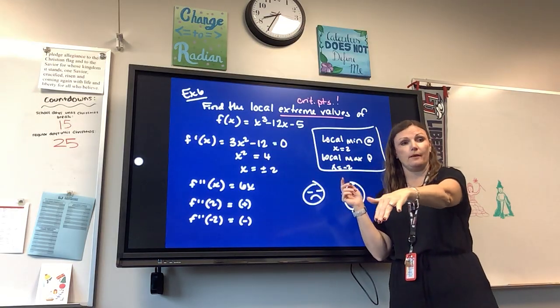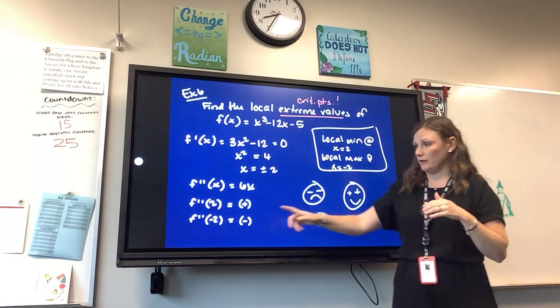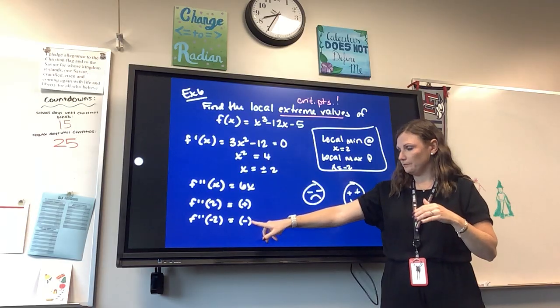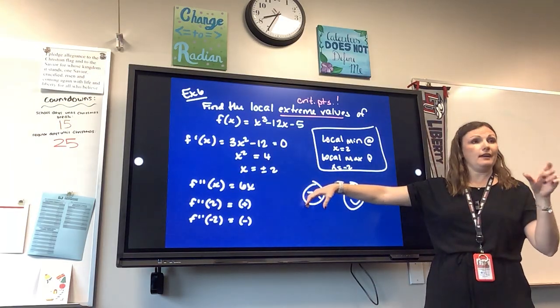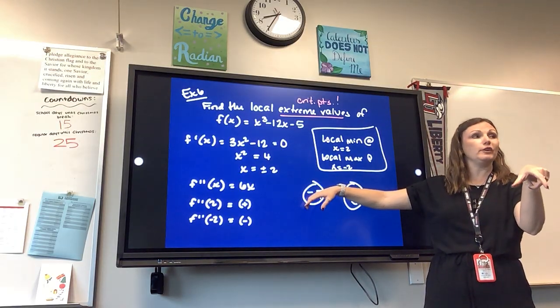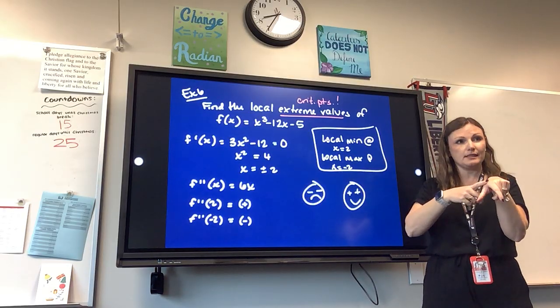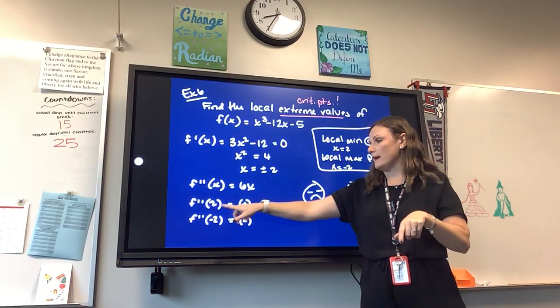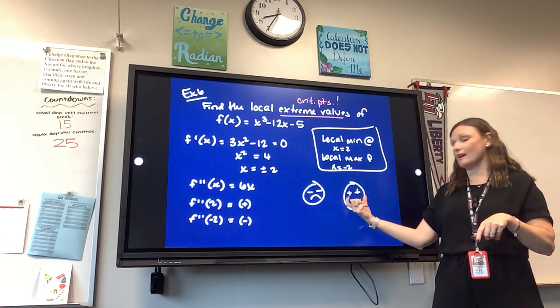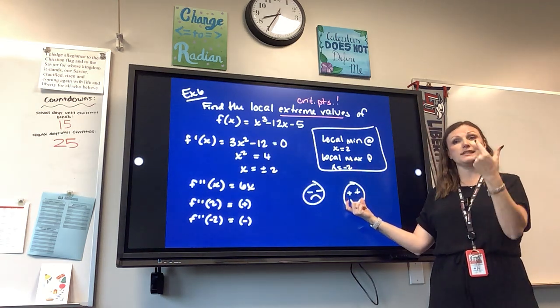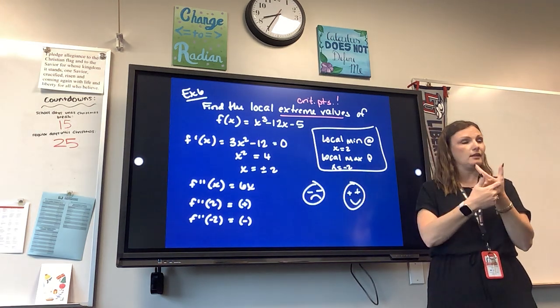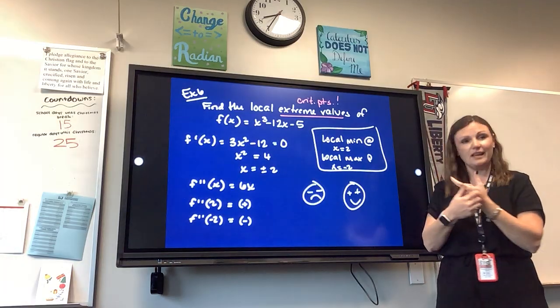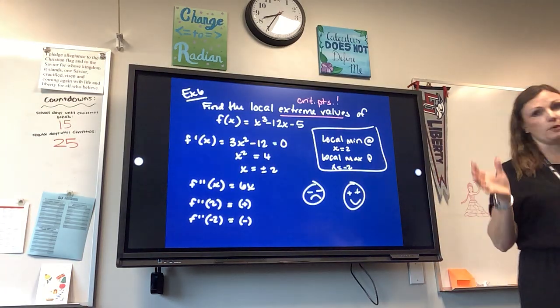Concavity, concave up and down. If the second derivative ends up being negative, the graph of f is concave down, and what does that create? A max. If the second derivative at the point is positive, it's concave up, which creates a min. Concave up and then a min. Okay? So that's in a nutshell what we're doing here.